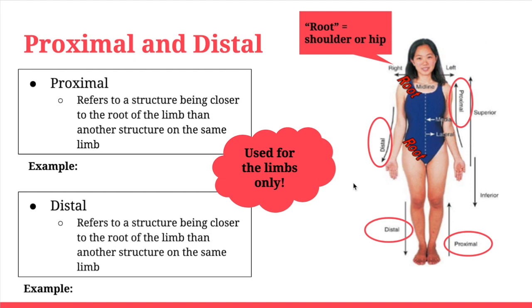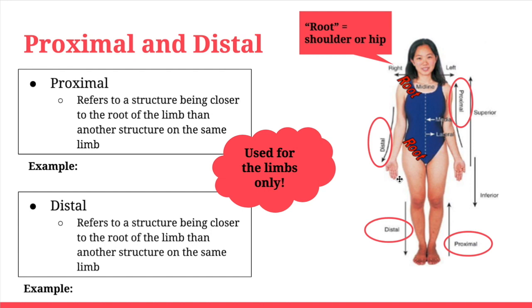Okay. So for example, let's say we have your elbow and your wrist. Your elbow is closer to your shoulder than your wrist is. So you would say your elbow is proximal to your wrist. Okay, that means, again, your elbow is closer to the shoulder than your wrist is. So it makes sense when you think about it in kind of common language.